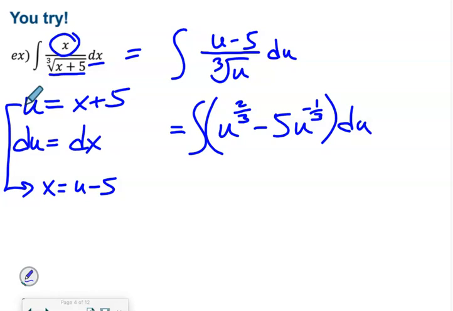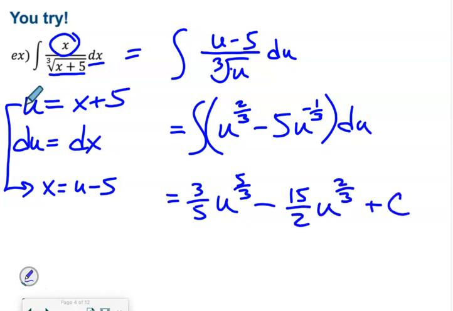Okay. So now we can integrate, right? This we can't integrate. You can't just integrate the top and integrate the bottom and hope for the best. Just like you can't differentiate a top and differentiate a bottom, right? So that's why you have to clean it up first. Okay, so now 2/3 plus 1 is 5/3, so you get 3/5 u to the 5/3 minus, negative a third plus 1 is 2/3, so you have 3/2 times 5, which is 15/2 u to the 2/3 plus c.